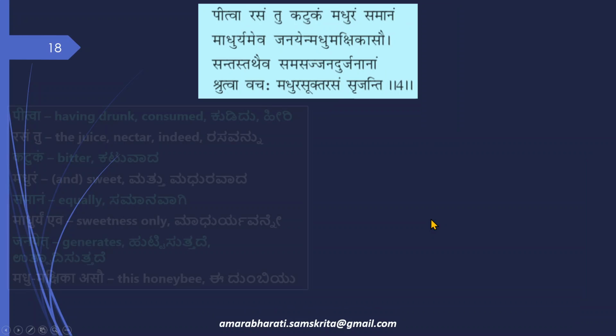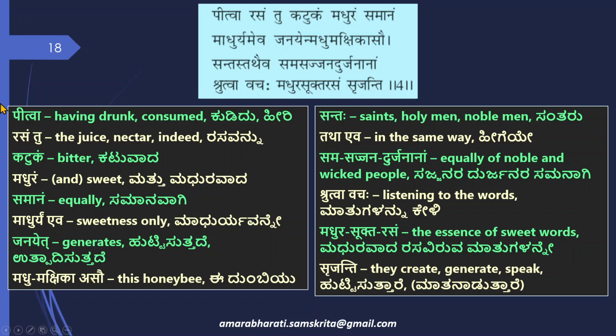We go to the meanings of the individual words. Pitva, having drunk or consumed. Rasam, to the juice, nectar indeed. Katukam, bitter. Madhuram, and sweet. Samanam, equally. Madhuryam eva, sweetness only. Janayet, generates. Madhumakshika, asau, this honey bee.